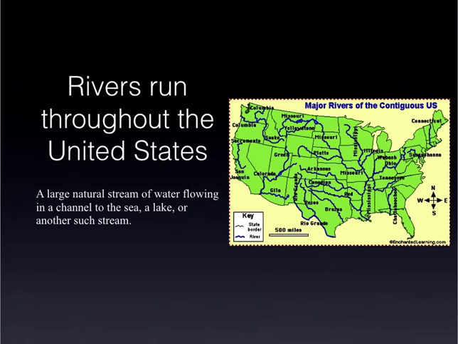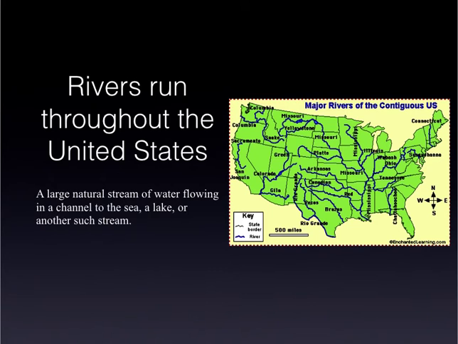The definition of a river is a large natural stream of water flowing into a channel to the sea, a lake, or another such stream. So you can see over here that the Colorado River runs into the Green River, and they both connect and they come down and they go into the ocean. Very unique. Lakes are usually fresh water, and so are rivers.